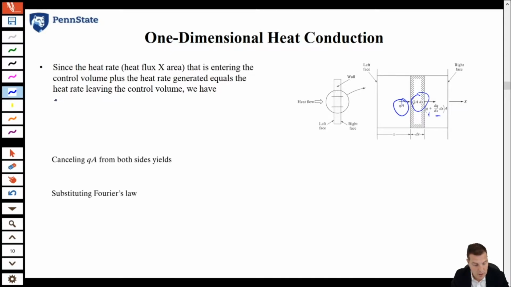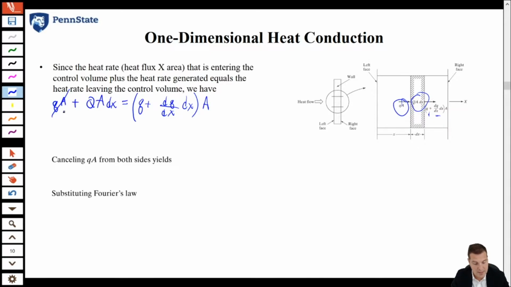We can add those up: qA plus capital QA, the internal heat generated, times dx is equal to what's leaving, which is q plus how q changes over dx times dx, multiplied by the cross-sectional area.